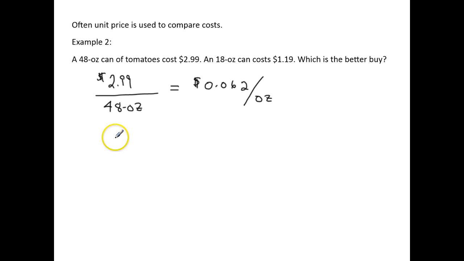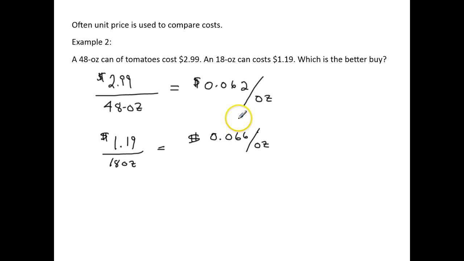Doing exactly the same thing with the 18-ounce tin of tomatoes, we divide it out, and this comes out to 0.066, or almost 7 cents per ounce.